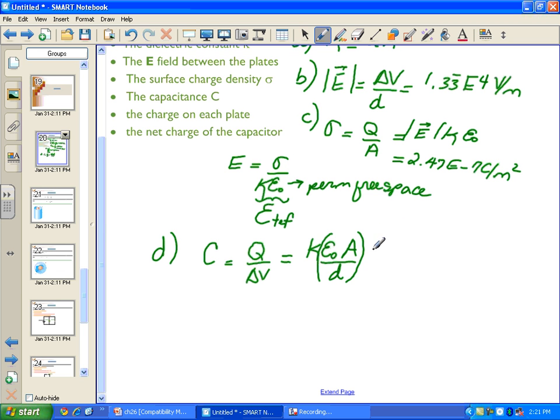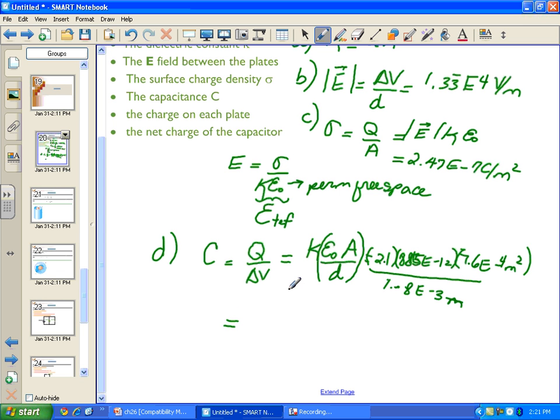Well, of course, our kappa is 2.1. Epsilon naught is 8.85 e to the minus 12. A is 7.6 e to the minus 4 meters squared. And D is 1.8 e to the minus 3 meters.